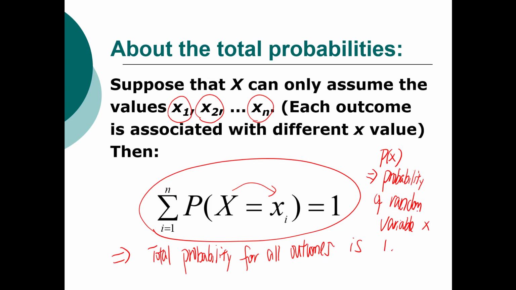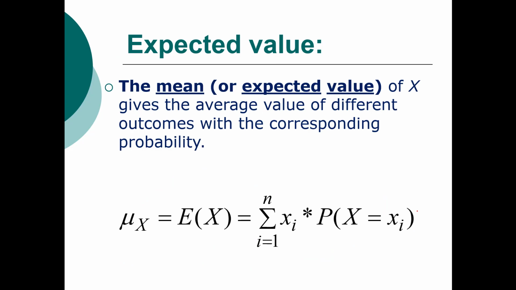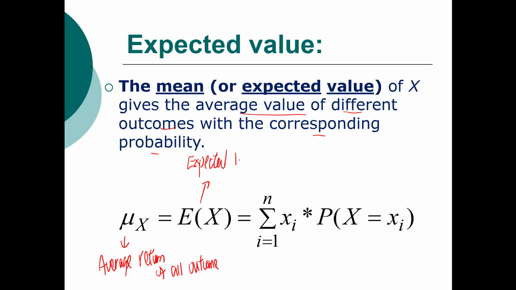Here, random variable represents outcome. So the mean or expected value of x gives the average value of different outcomes with the corresponding probability. So here, mu of x represents the average outcome, the average return of all outcomes. E of x represents expected value, and they are basically the same term.